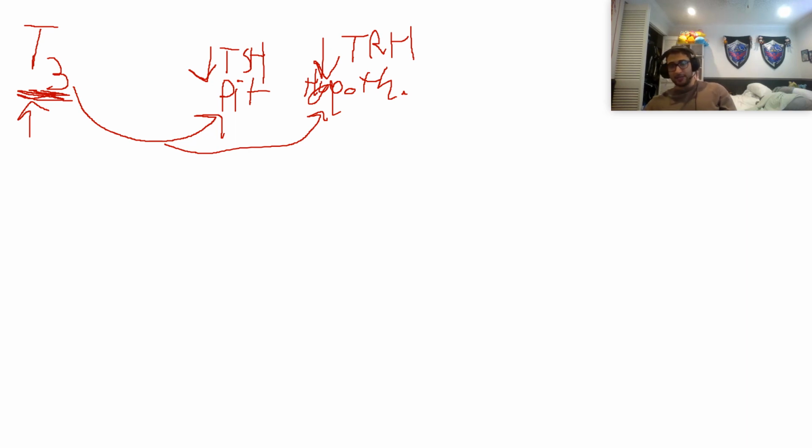Now, when thyroid hormone, whether it's T3 or T4, travels in the body, it travels bound to thyroxine binding globulin, or TBG. This is different from thyroglobulin. This is thyroxine binding globulin, and it's made in the liver, okay?